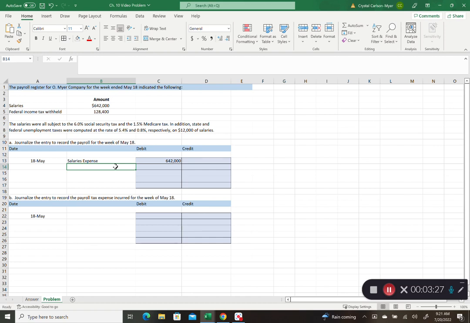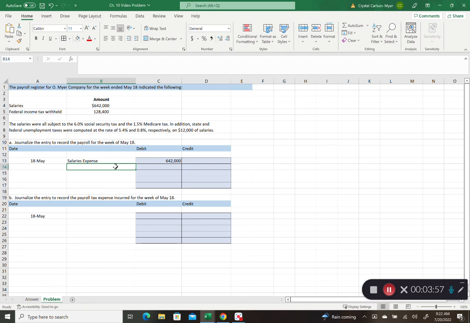You need to separate out your Social Security and your Medicare and your federal tax payables, because those are going to different areas. When you remit those over to the government, you're not just sending it to one spot. You need to say how much you're sending for Social Security, how much for Medicare, and how much for the federal income tax, so that the government can make sure you're collecting the proper amounts.